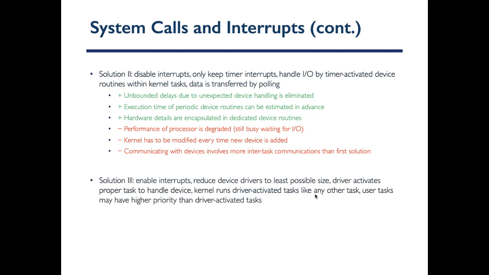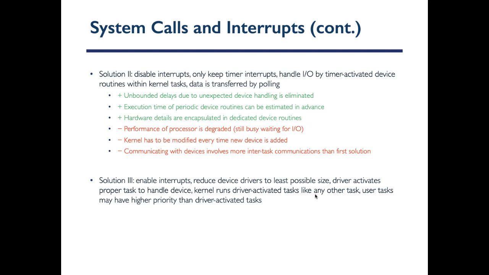What is the third option? The third option is, we really cannot keep the interrupts disabled and do anything about the performance degradation. If you really don't want to deal with the performance degradation, you have to let interrupts happen.